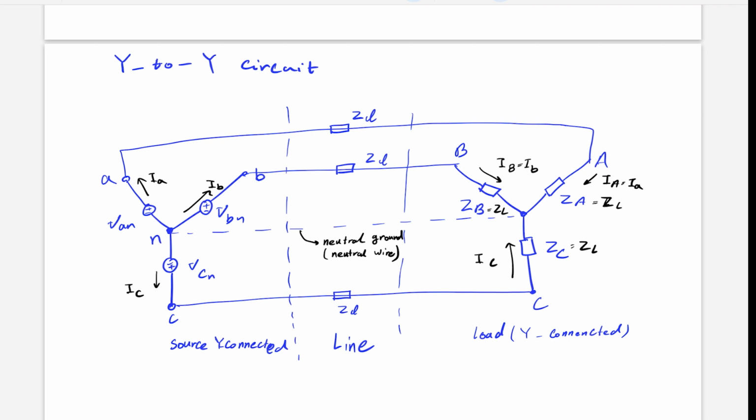Since there is a lot of distance between the generator and the load, we will have impedance in the transmission lines, as you can see here. So impedance won't be negligible because the distance is very large, 100 kilometers.